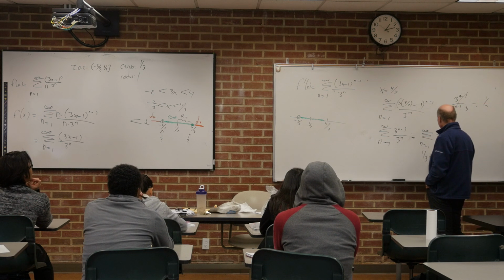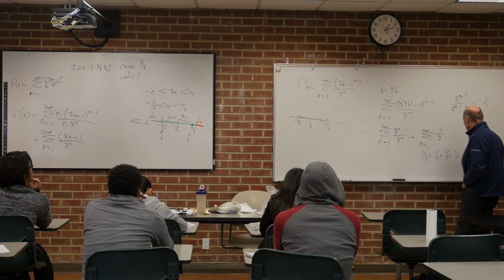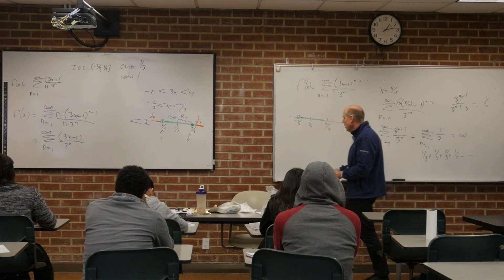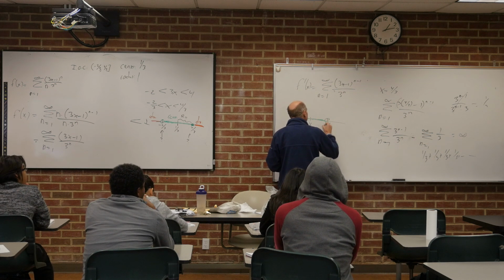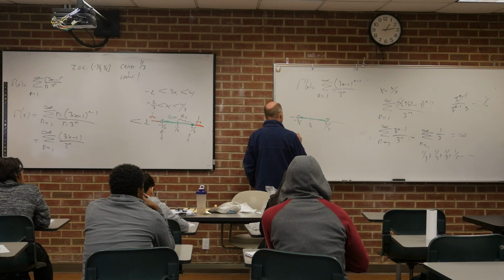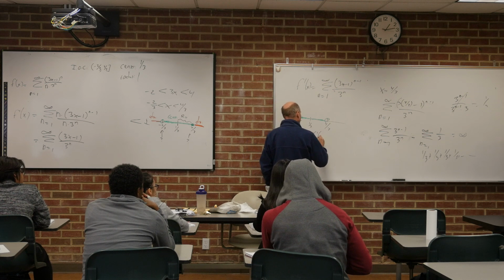So if I take 1/3 plus 1/3 plus 1/3, and keep doing that infinitely many times, converge or diverge? What test? Good, the test for divergence. These don't go to 0. The test for divergence tells us that it diverges. So there is the interval of convergence for f prime.